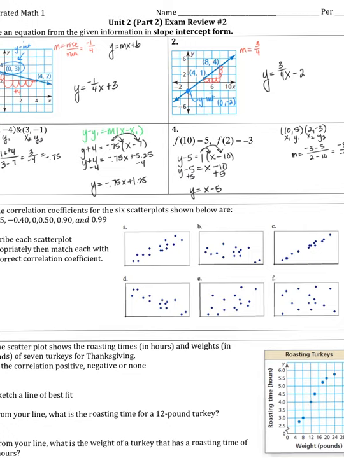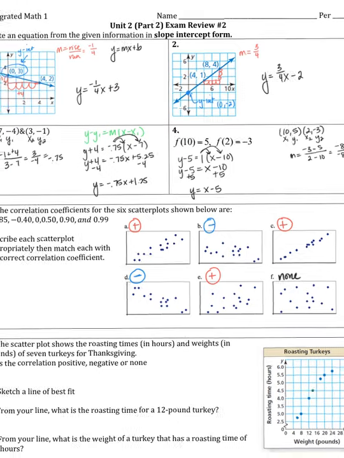So for graph A, since the points are increasing, I've got a positive correlation. Graph B, the points are decreasing, it's negative. C, a positive correlation. D, a negative correlation. E, a positive correlation. And F seems to be kind of all over the place, so there does not seem to be any correlation.